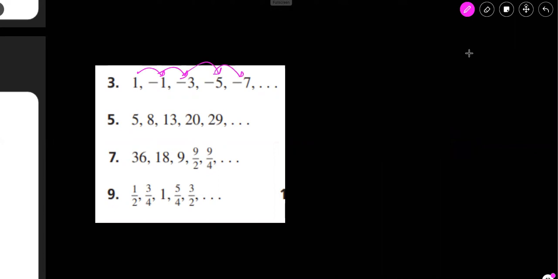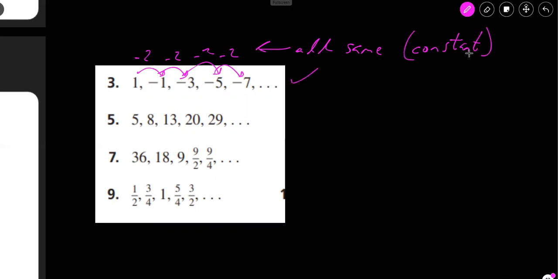So for instance, from 1 to -1 is -2. From -1 to -3 is -2. From -3 to -5, -2. -5 to -7, -2. These are all the same, which means it's a constant difference, which means this is an arithmetic sequence.